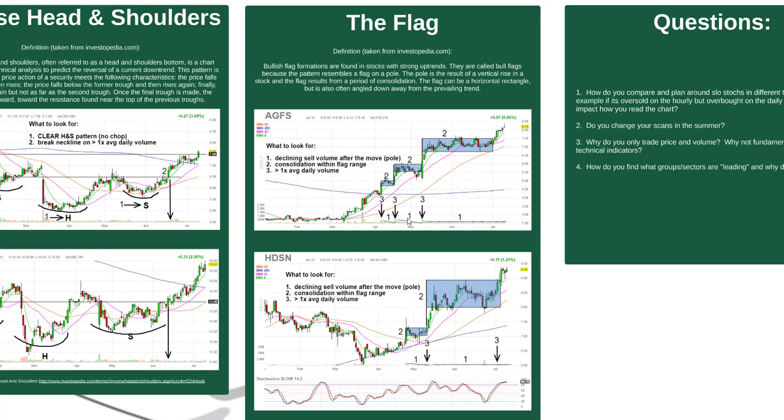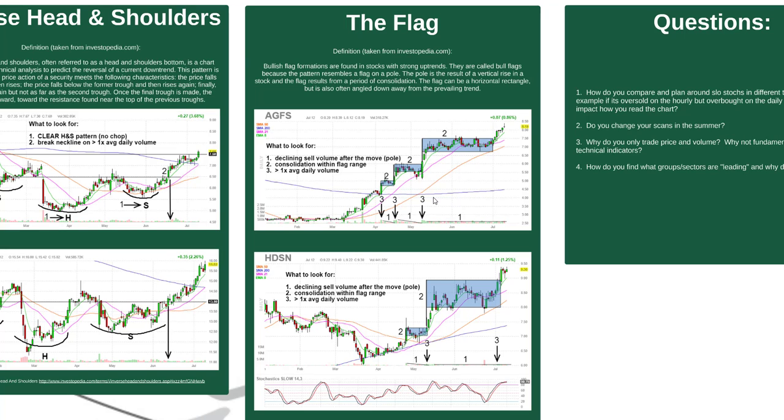So let's look at the flag. Now this is my favorite pattern, and quite frankly, I think it's one that no one really knows what the actual true definition and meaning is. You've got your flag, you've got your pennant, and you've got your wedges too. Wedges can be interpreted as a flag.